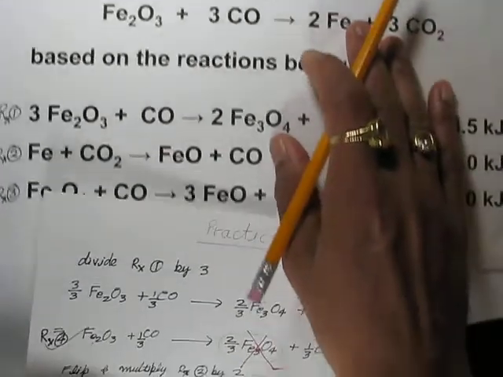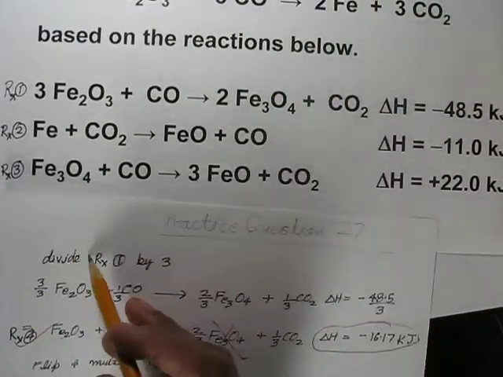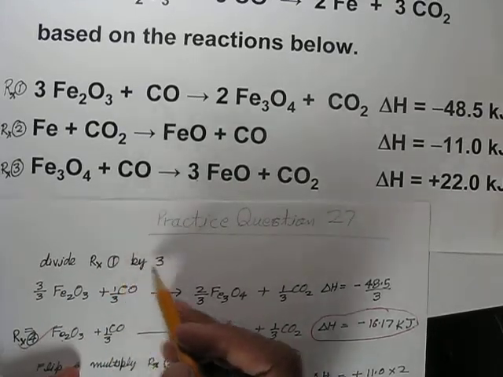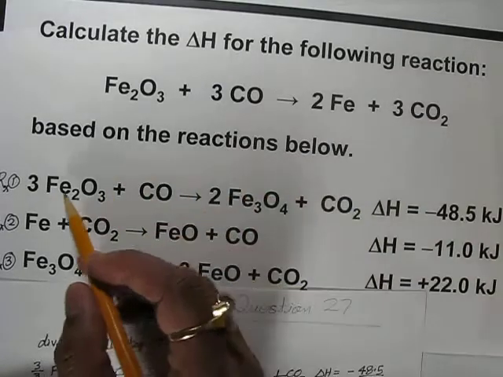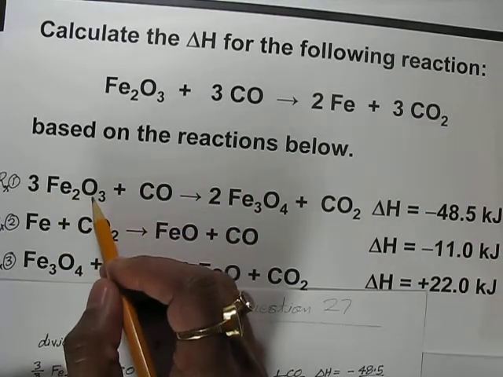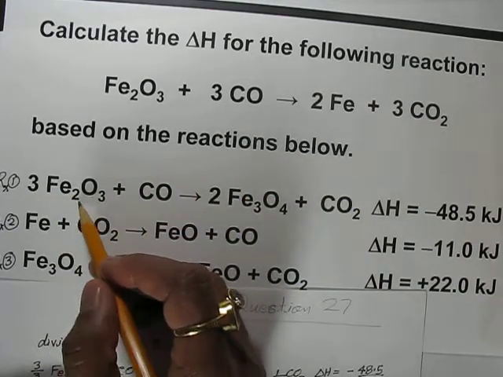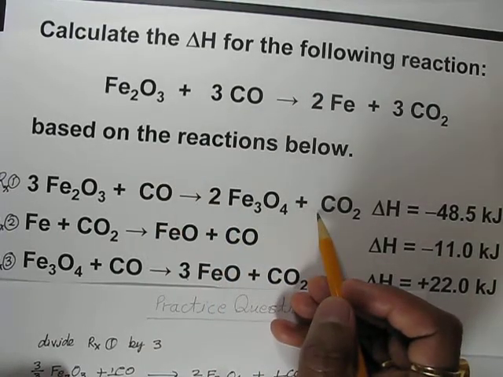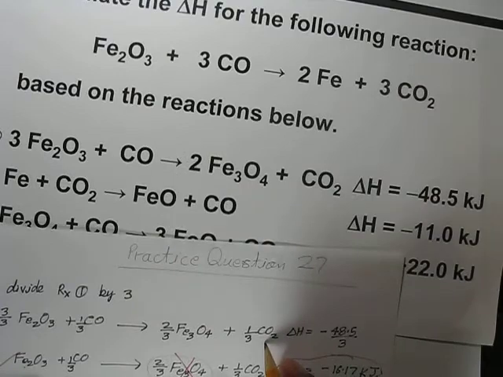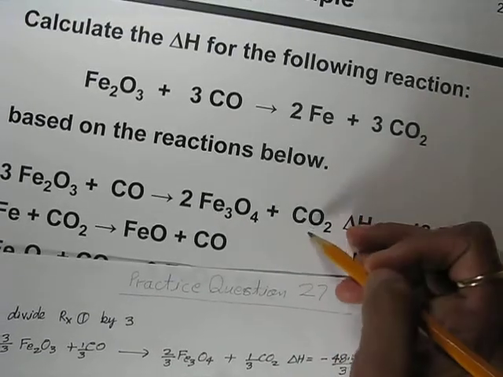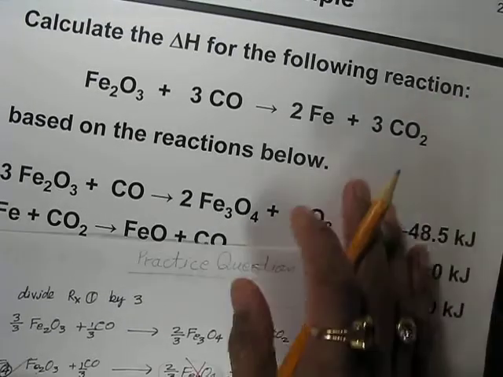Okay, so let's start. First we have to divide reaction number 1 by 3. Why are we dividing? Because we need to cancel Fe2O3, and we are dividing by 3 to make 1 by 3rd carbon.